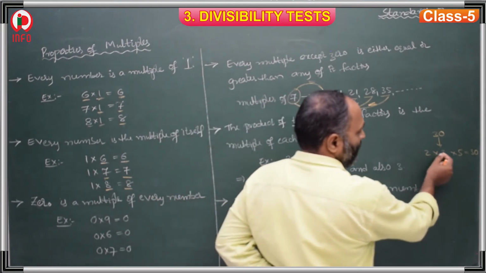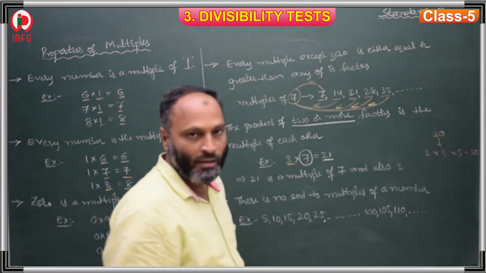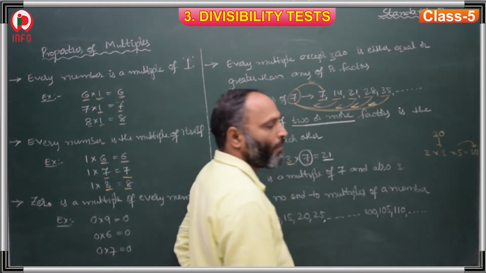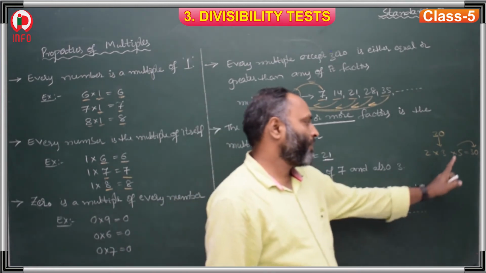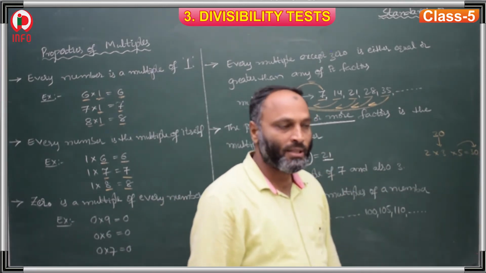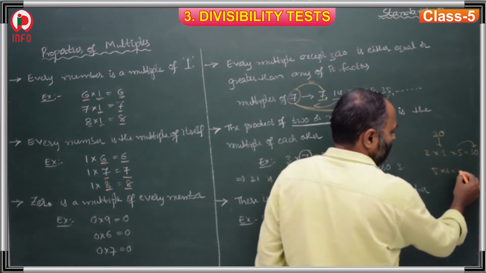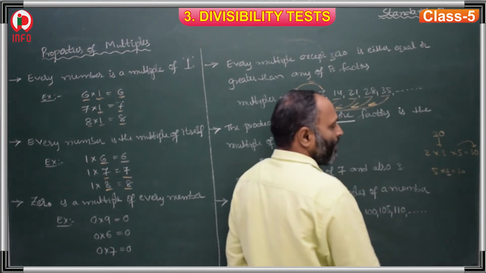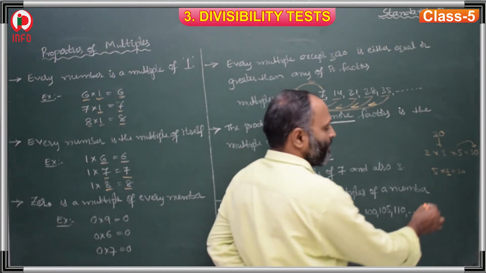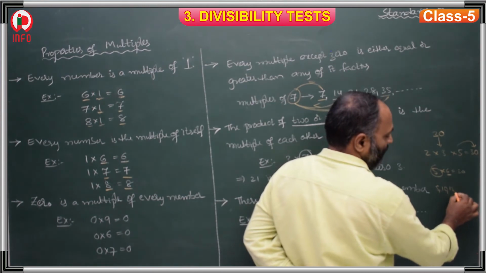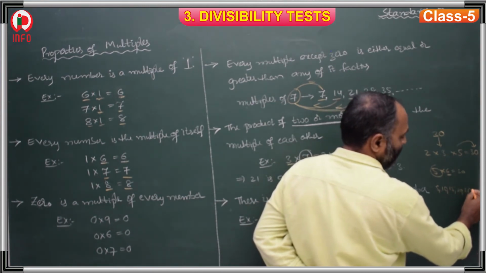Whatever the factors are, the product is a multiple of each of those numbers. It means in the 5 table, 30 is there. 5 6s are 30. What are the multiples of 5? 5, 10, 15, 20, 25, 30.